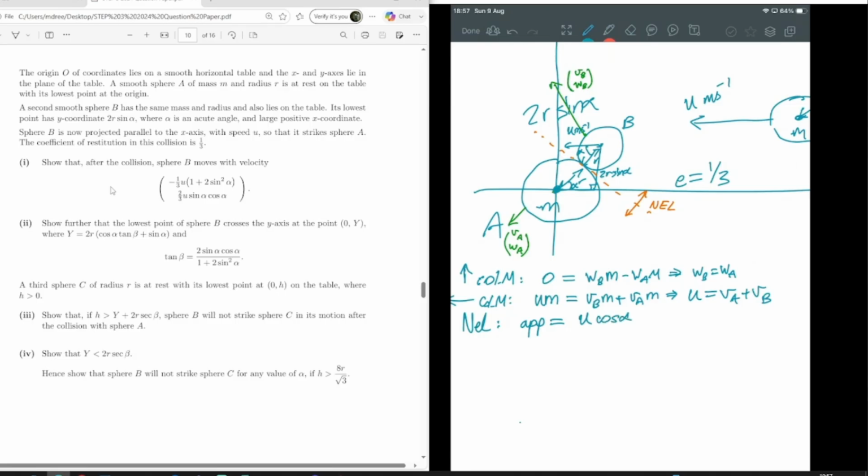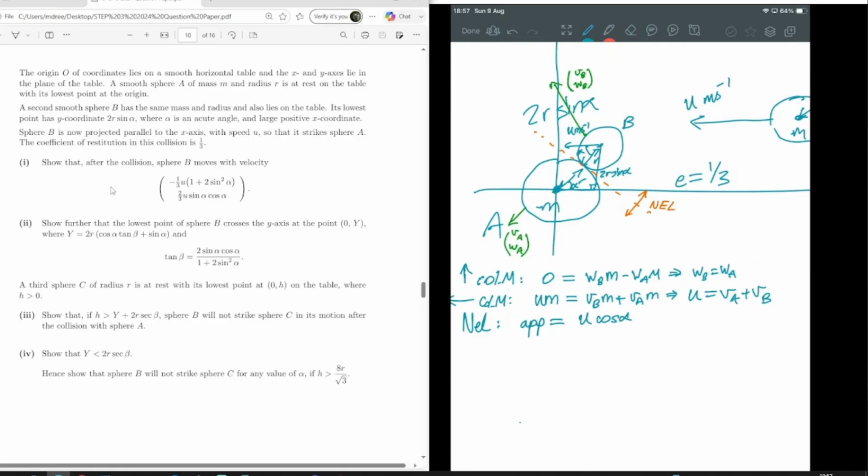So that's going to be my speed of approach. Now my speed of separation is going to be a lot more awkward. There's going to be lots of combinations which correspond to that speed of separation.